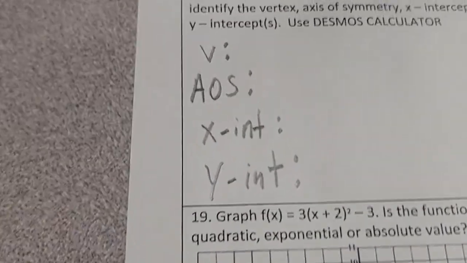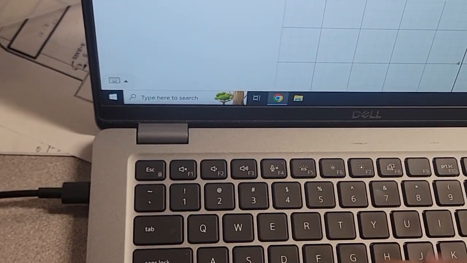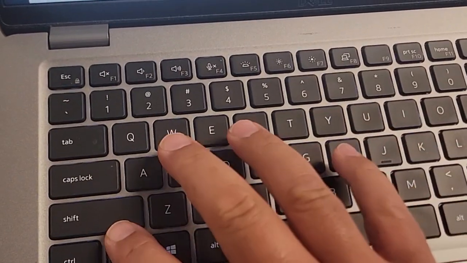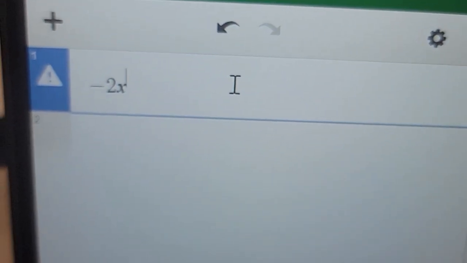All right, so you have -2x squared. So when you type it in, all right, so we have -2x. Now to get the squared, guys, you have to hit Shift 6. So right here, Shift 6 is going to make it an exponent. That's how you put a little 2.